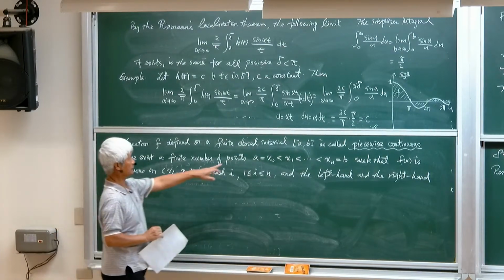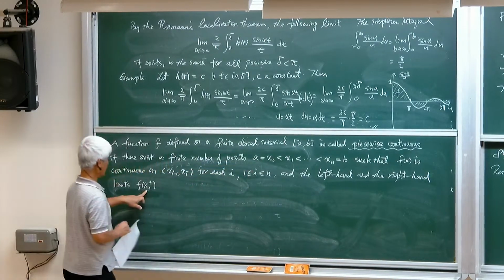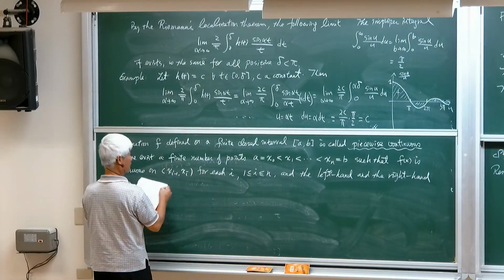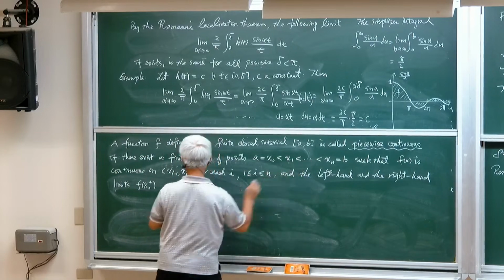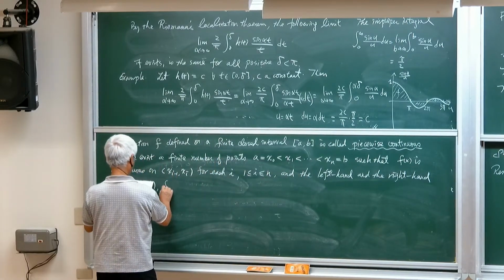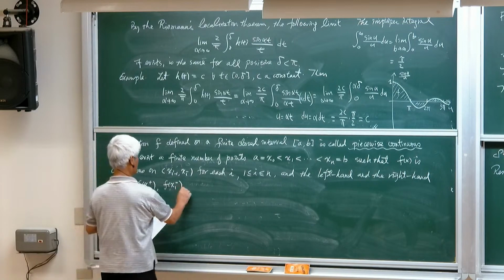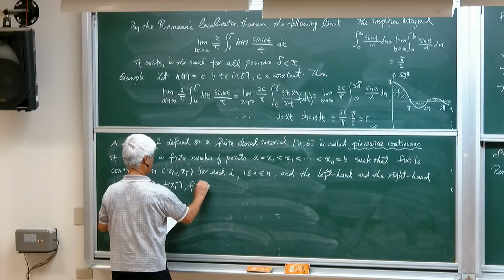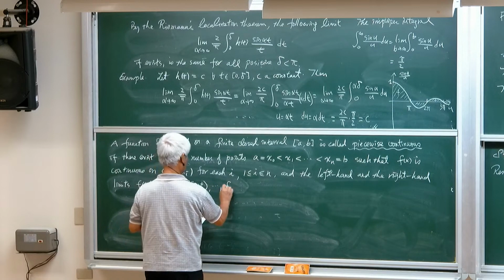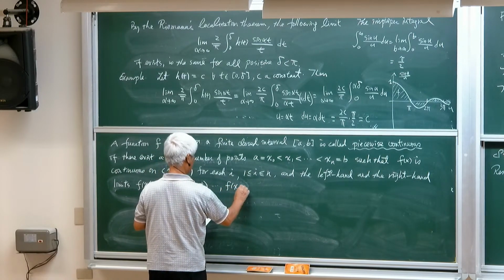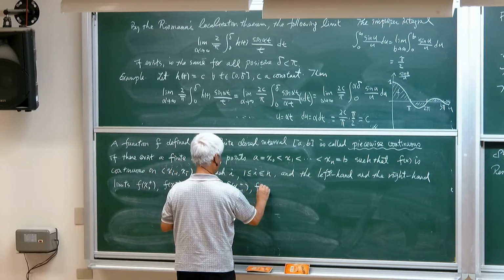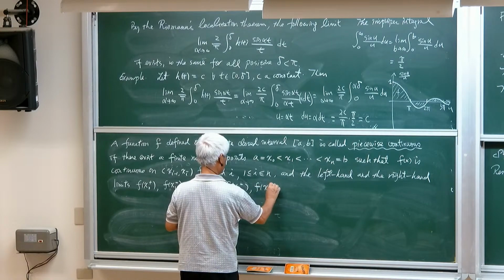So for the endpoint A, we have the right-hand limit, but for the intermediate points, we have left-hand and right-hand limits: f of x1 minus, f of x1 plus, f of x(i minus 1) minus, f of x(i minus 1) plus.